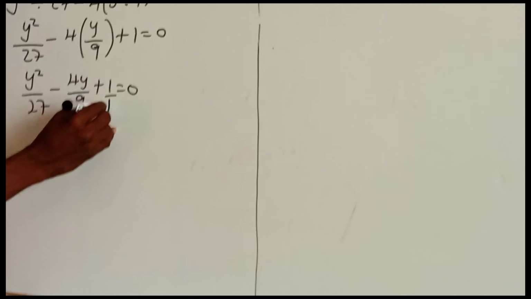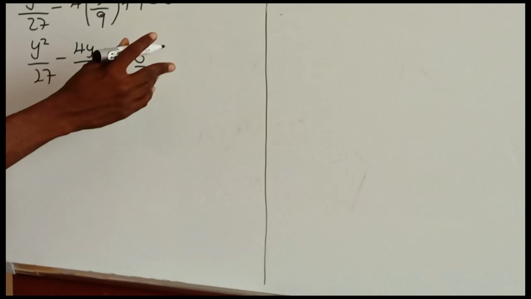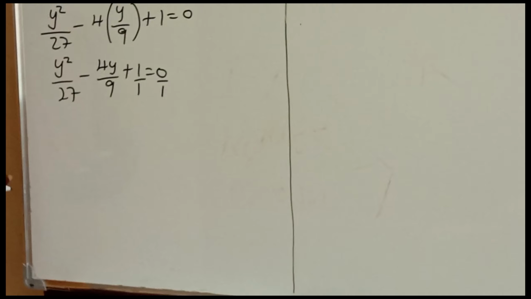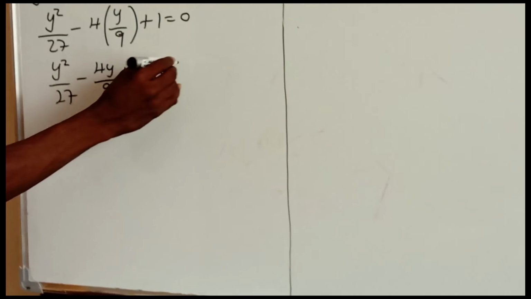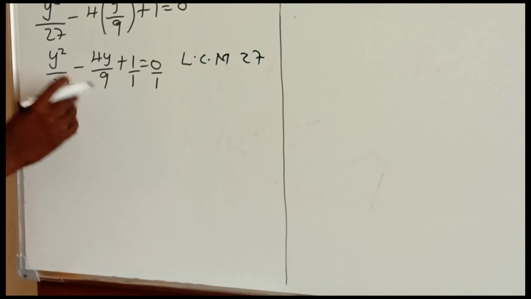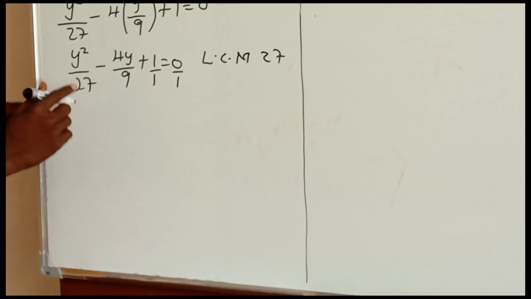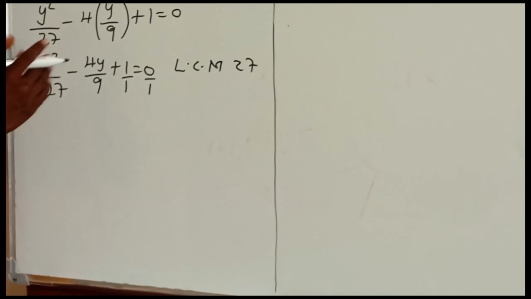This has a denominator of 1. This also 1. So what is the LCM here? The LCM is 27, for these 27, 9, 1, 1. So you multiply both sides by 27.